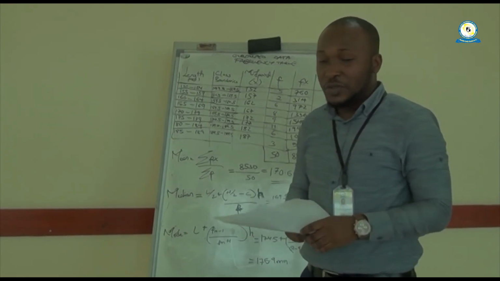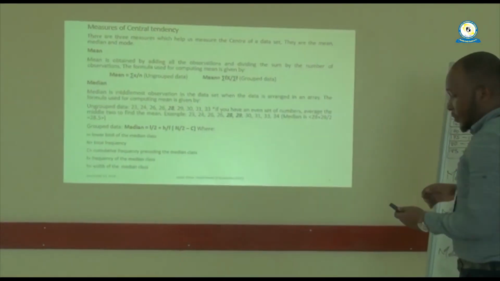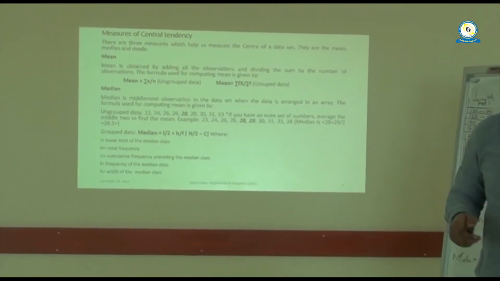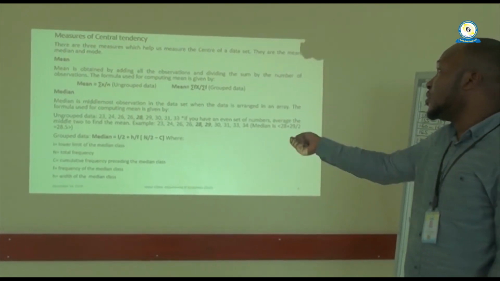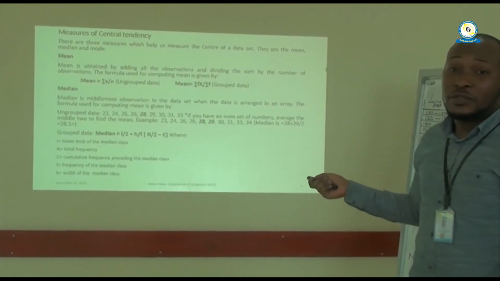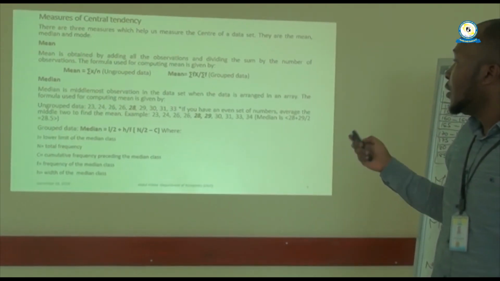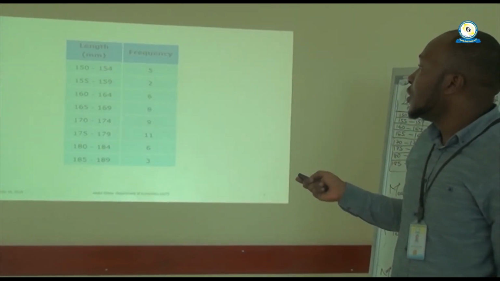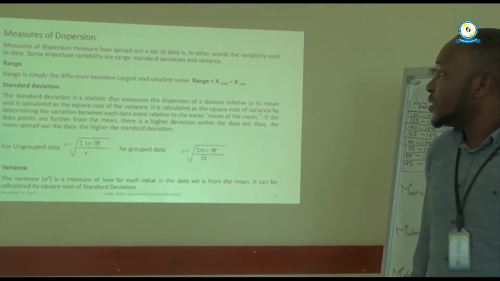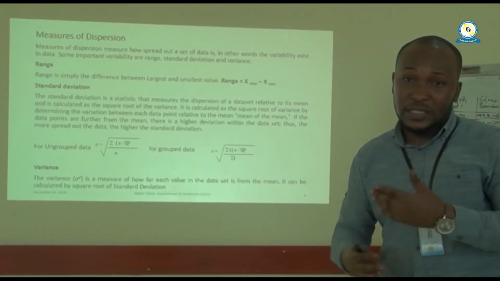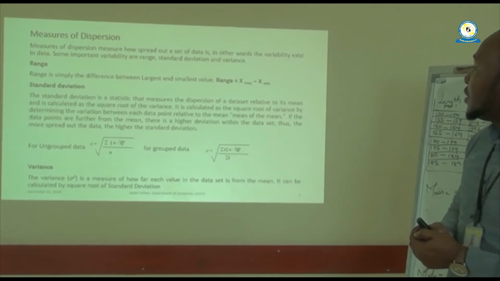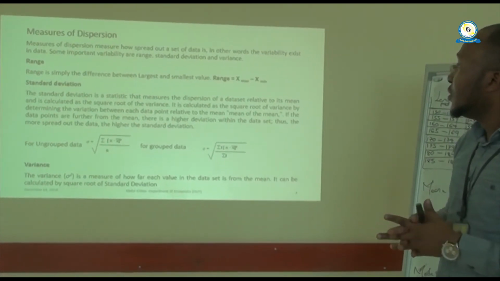Okay, we want to proceed with our slides. That was all about measures of central tendency, where we want to know the location of our data. Now we move on to measures of dispersion. What is the variation of our data?